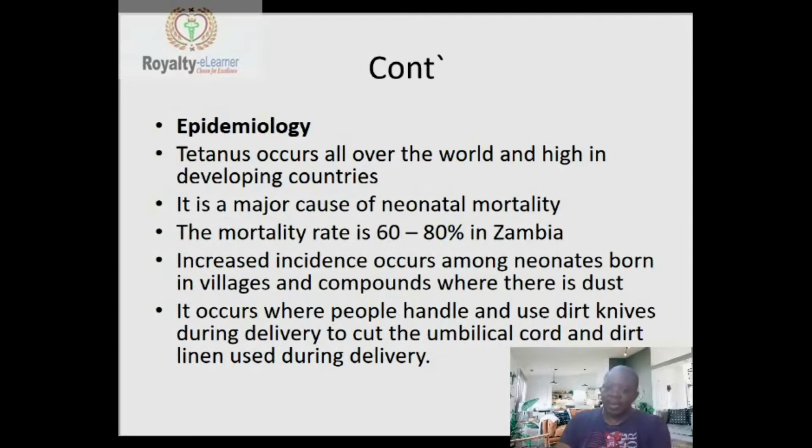Increased incidence occurs among neonates born in villages and compounds where there is dust. It occurs where people handle and use dirty knives during delivery to cut the umbilical cord, and dirty linen used during delivery.